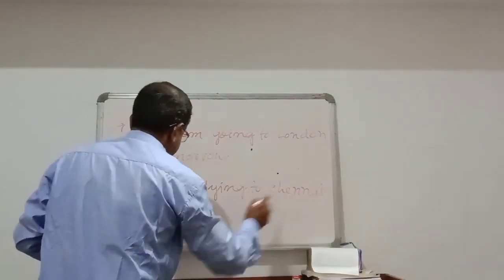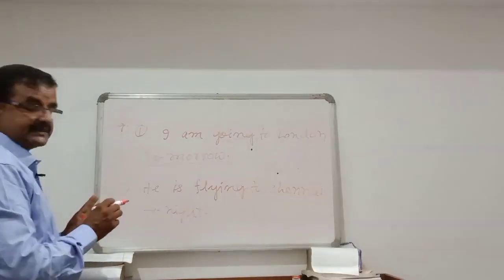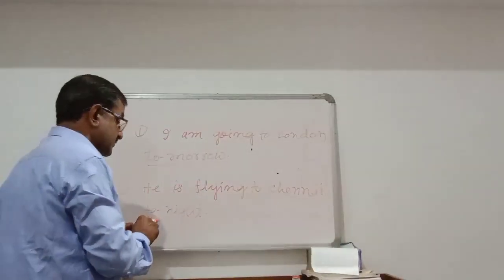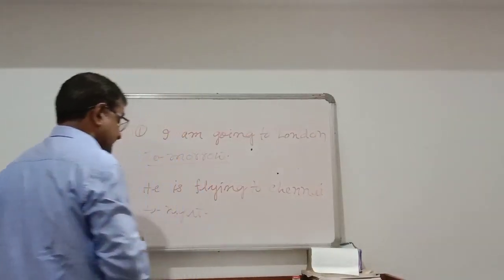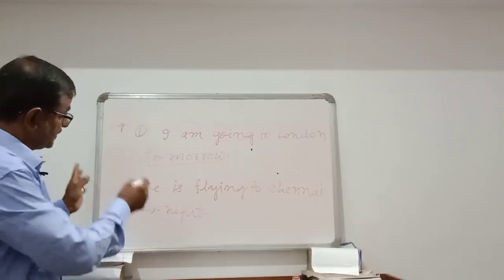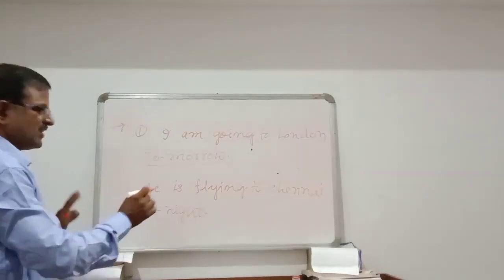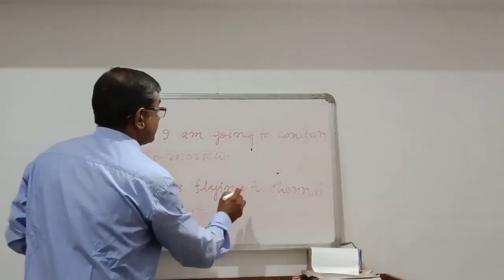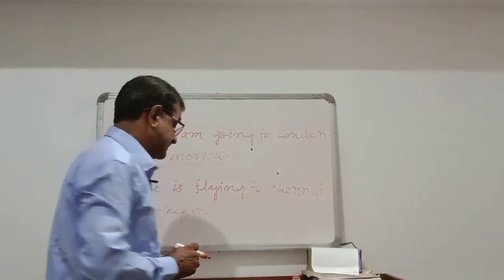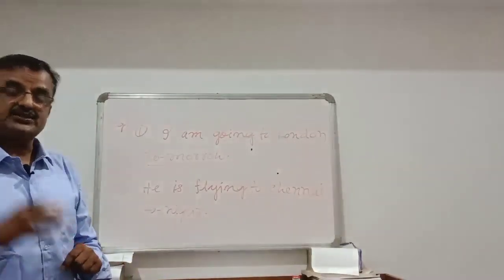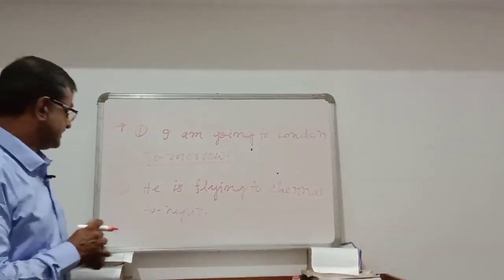It is the present continuous tense, but the meaning is future tense, and that means the action is fixed. The present continuous tense is used to indicate some future action which has already been fixed or planned or arranged. So he is flying to Chennai tonight. That means he has already bought the ticket of the flight to go to Chennai tonight.